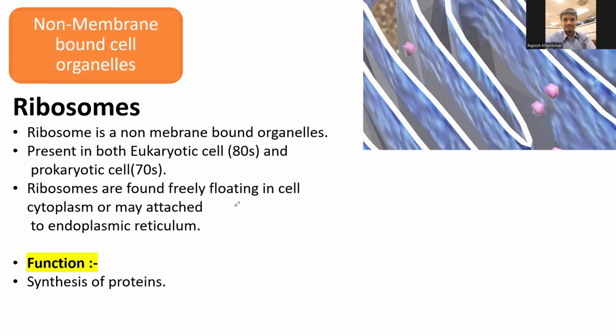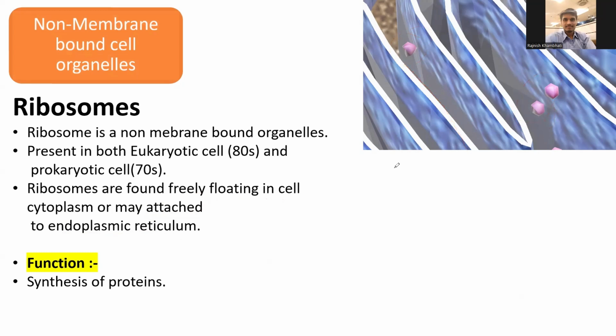And ribosomes are found freely floating in the cell like in this picture. They are also attached to the endoplasmic reticulum. And this is the membrane of the endoplasmic reticulum.